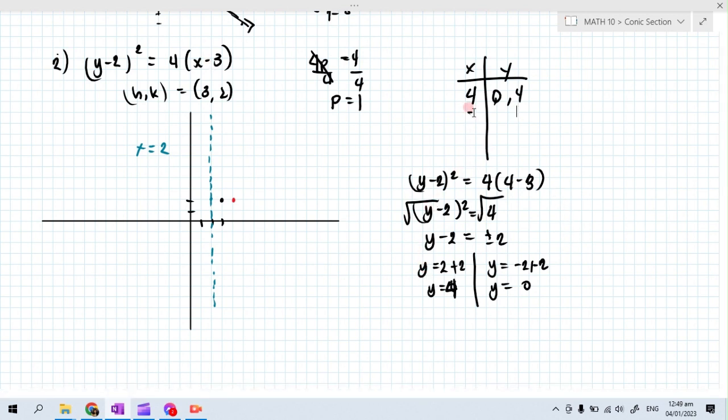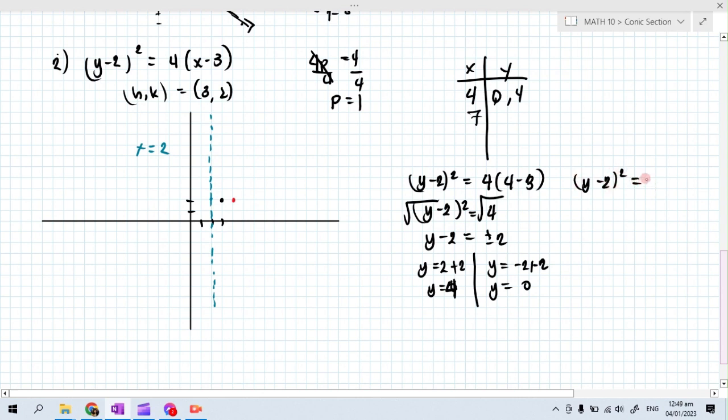Next, let's try 7 for x. So y minus 2 squared is equal to 4 times 7 minus 3. So y minus 2 squared equals 7 minus 3, 4, times 4, 16. Another perfect square.